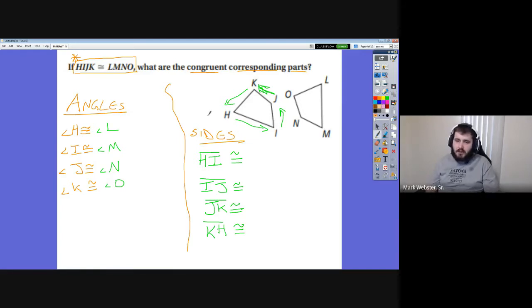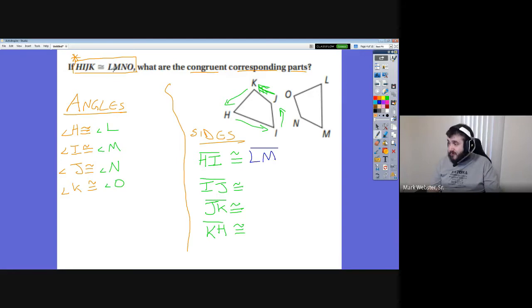So once again, let's look at our congruent statement up here. Let's trust this. HI goes with which? LM, right? And how do I know that? Not because I'm looking over here, but because H and I are the first 2 letters. So what are the first 2 letters over here? L and M. 1, 2, 1, 2.